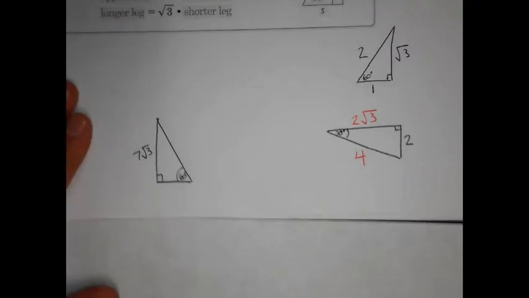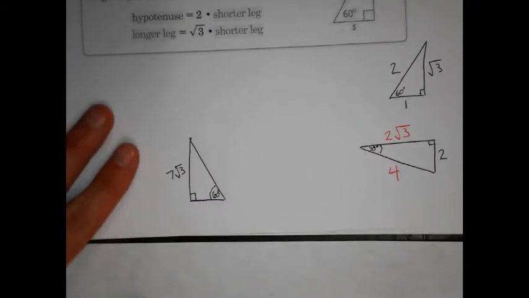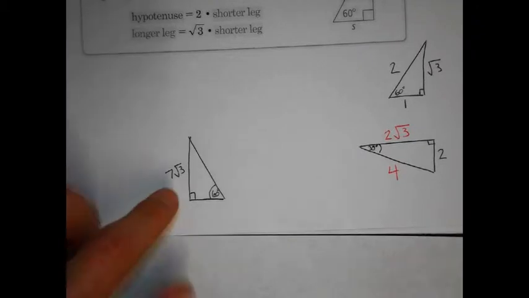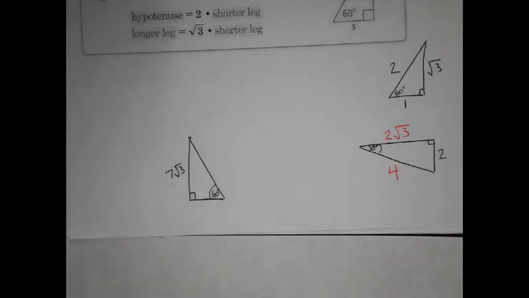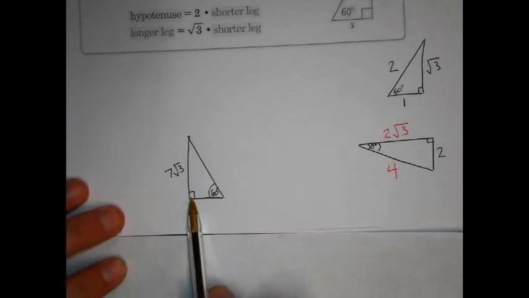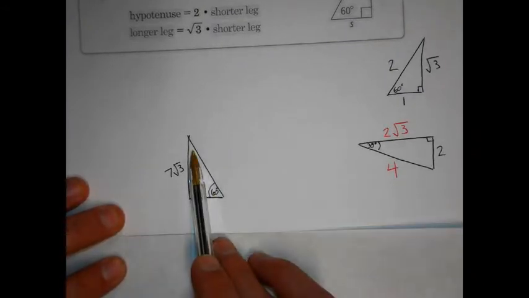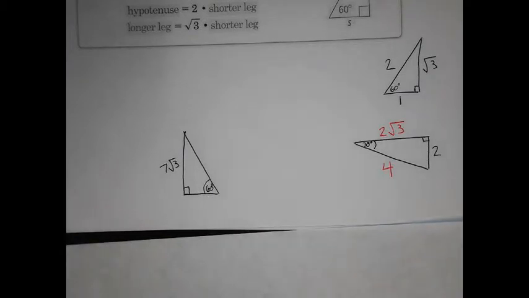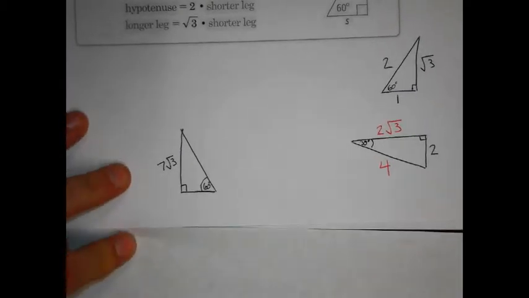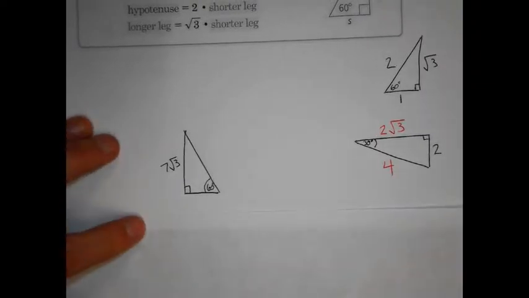Not convinced? Let's do another example. Here's another triangle. Make sure we're good with this, because I might be moving a little bit quick. In this triangle, we have a 30, 60, 90 triangle. How do you know? Because this angle is 60, this is our 90-degree angle, so this one must be 30. In the 30, 60, 90 triangle, we have a lot of neat shortcuts happening. So what are we looking at? We're looking at the long leg.